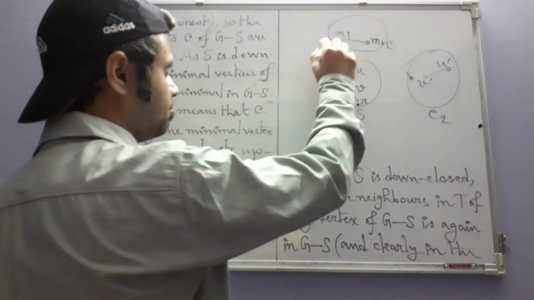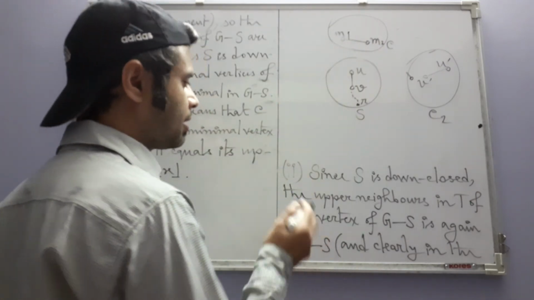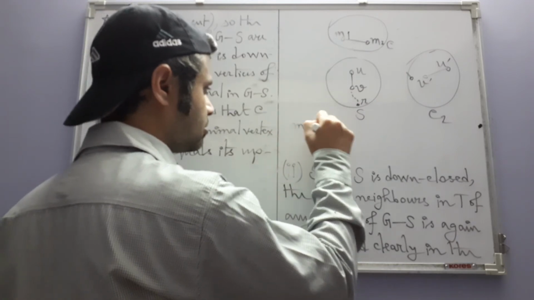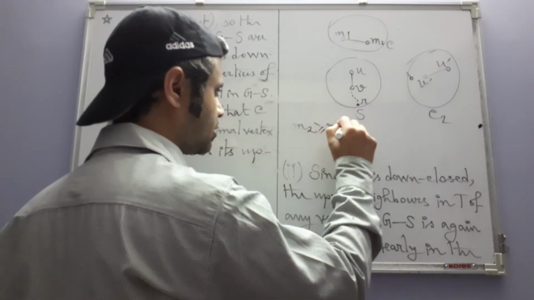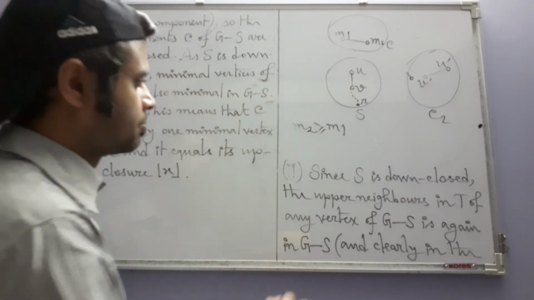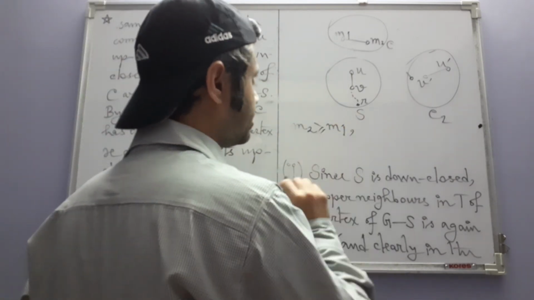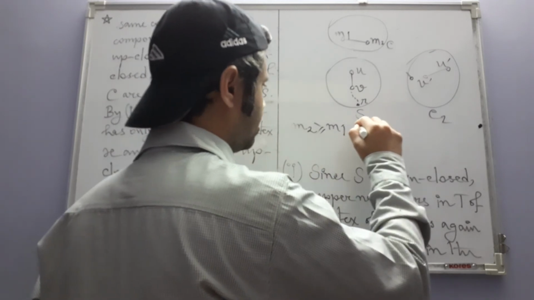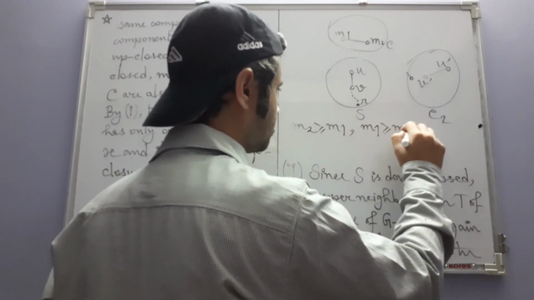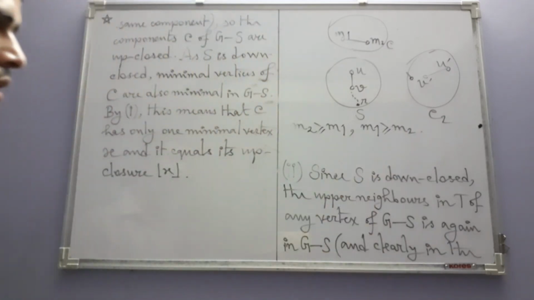So minimality would then imply what? Minimality of M1 would imply this: M2 is greater than or equal to M1. M2 cannot be less than M1. And minimality of M2 implies M1 cannot be less than M2, so M1 is greater than or equal to M2.